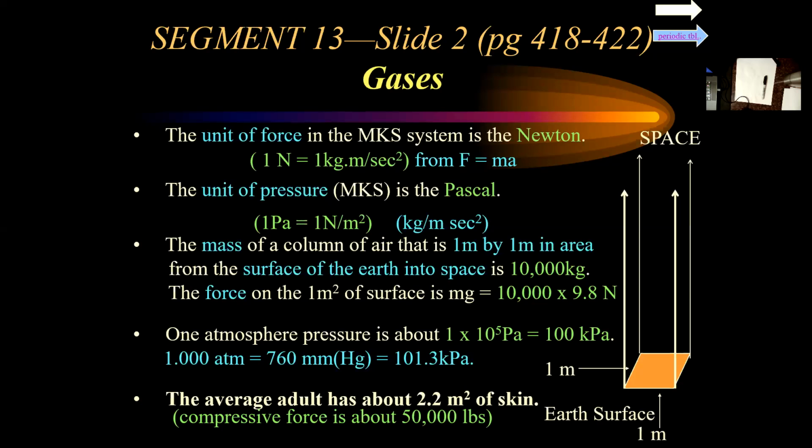Now, I want to give you a little concept. Suppose I've got something pushing in on a cell, on your cell, with a pressure of 50,000 pounds. What's the obvious reason why you don't get crushed? You've got to be generating an equivalent pressure inside.